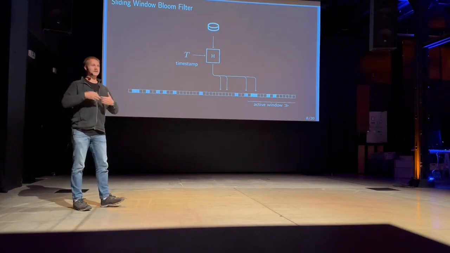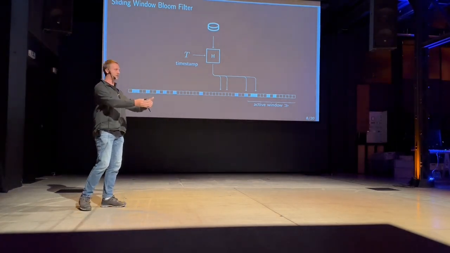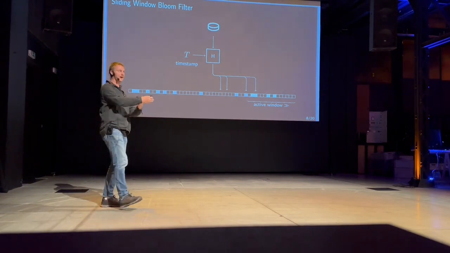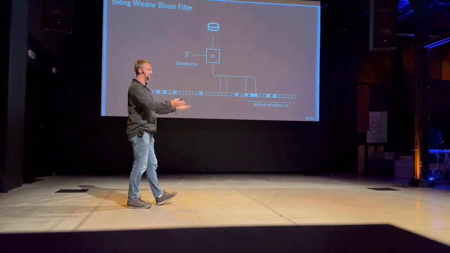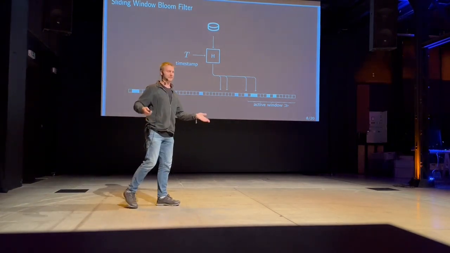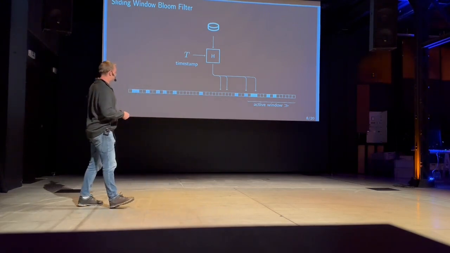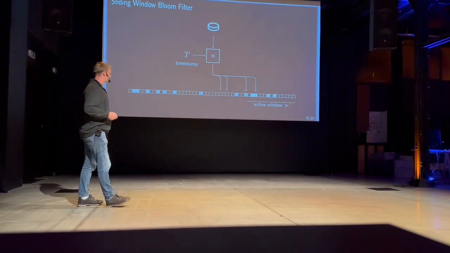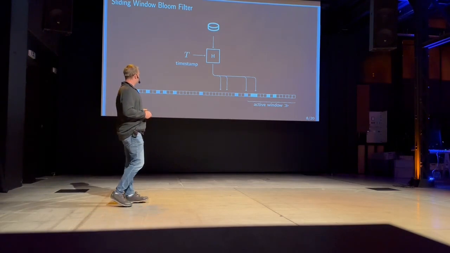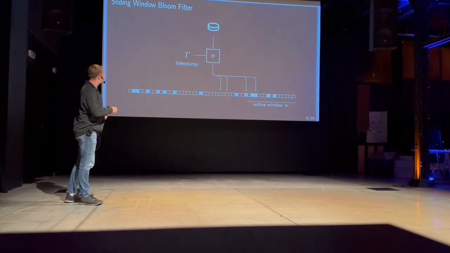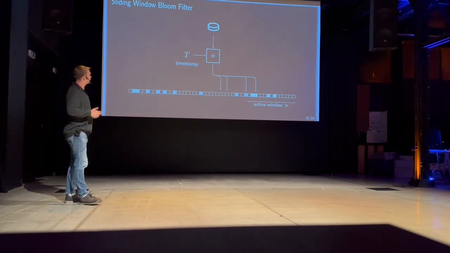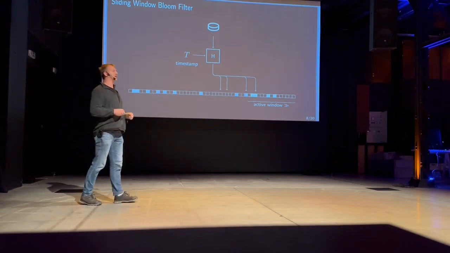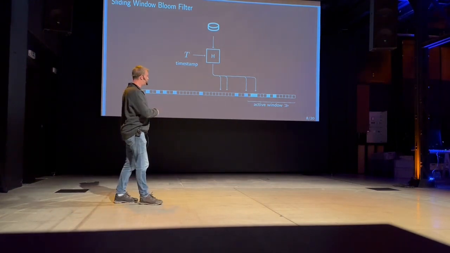And so since you know that the portions of the sliding window Bloom filter that have not been accessed yet are going to be 0 anyway, you don't have to store zeros. So you just have to store the portion that has been accessed. So it does introduce this timestamp, but in exchange you get unlimited capacity.